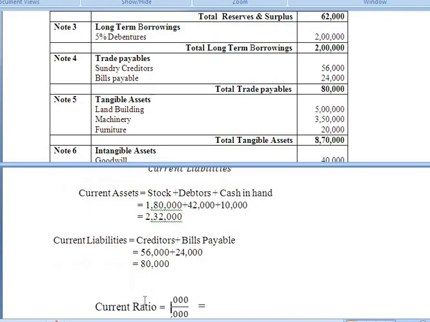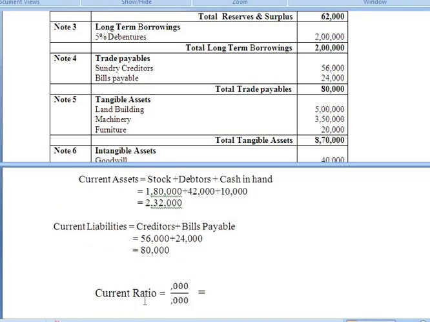So next line, write, therefore current ratio is equal to current assets 2,32,000 divided by current liabilities 80,000, which is equal to 2.9:1. So this is the current ratio, 2.9:1.